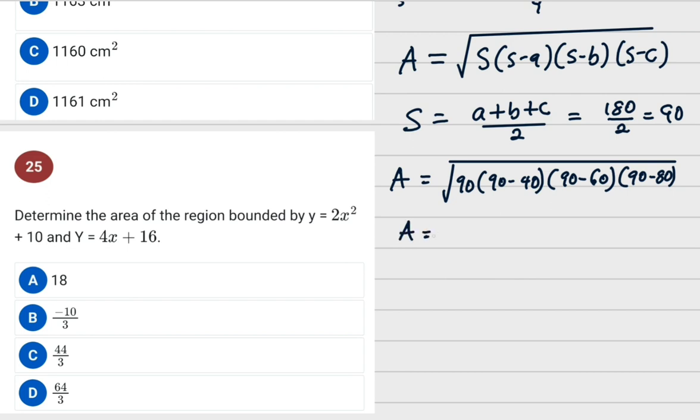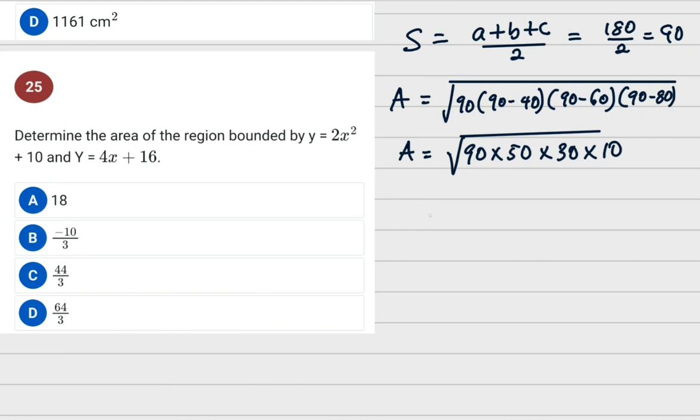So A will be all root of 90 times 50 times 30 times 10. Now having this and using your calculator, if you multiply all of them, it is going to be 135 0. How many zeros now? I think 4 zeros. 1 2 3 4.